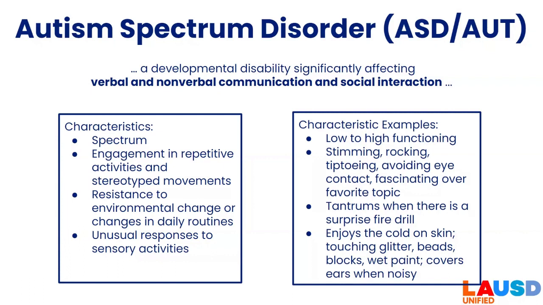Environmental change or change in daily routines, such as an unannounced fire drill, can cause challenging behaviors such as throwing tantrums or meltdowns. Oftentimes, these students might engage in behavior that might seem unusual, such as responses to sensory experiences, like lying on the floor because the cold on their skin is soothing.